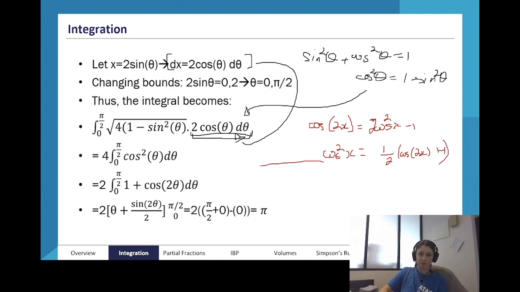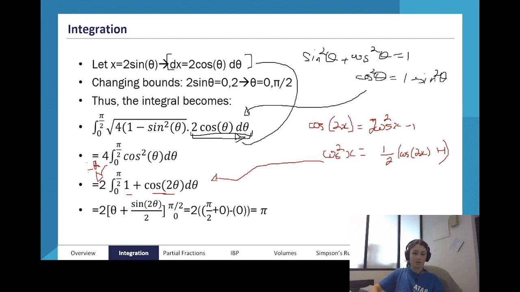So we substituted this in here. The half took our 4 down to a 2, divided by 2. But it left us with what we wanted down here, which is 1 plus cos 2 theta. Now we can integrate this easily, just using our regular linear substitution.